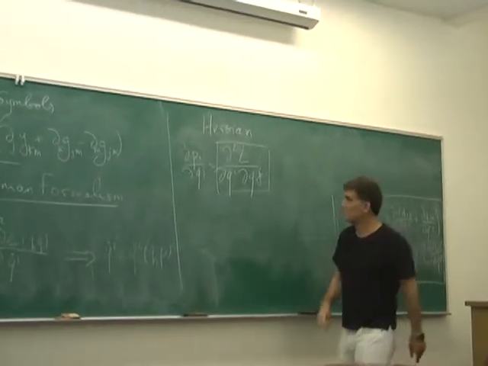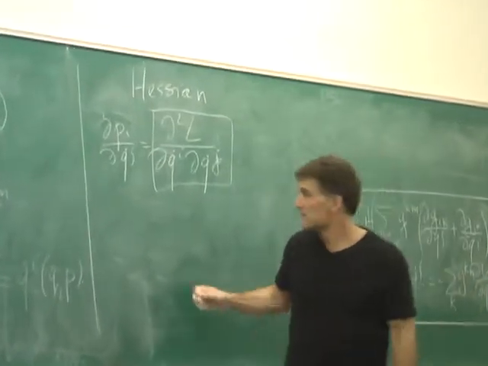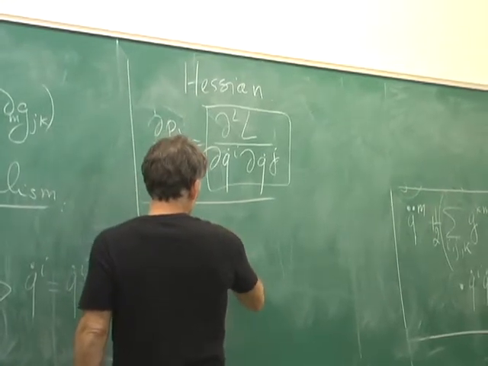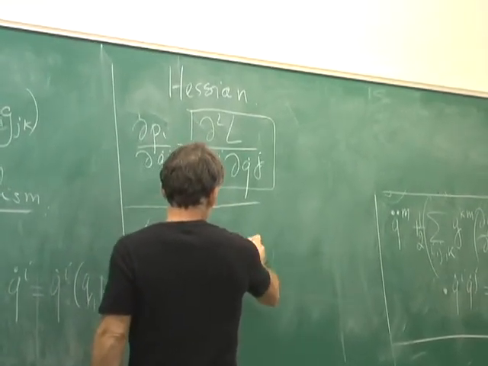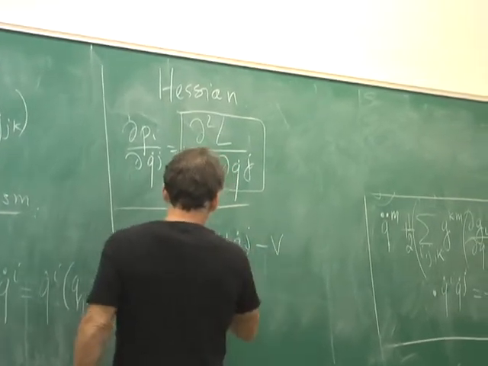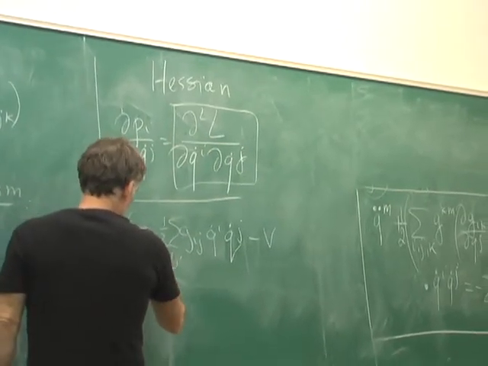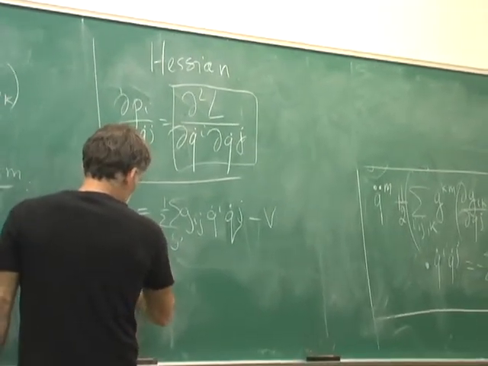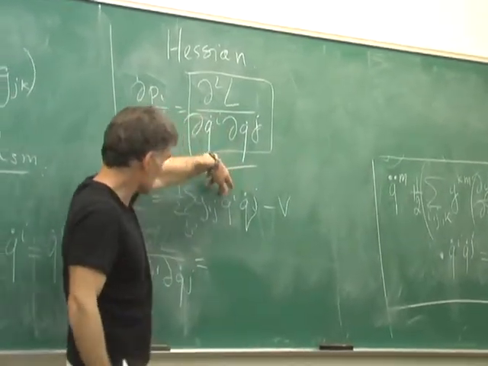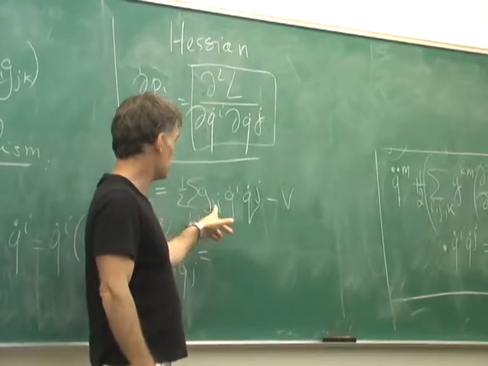For those examples that we had, remember that the Lagrangian was quadratic in velocities. So if L is 1/2 g_ij q̇^i q̇^j minus V, what will this be? You take the second derivative of L. If you compute the first derivative, we already did it: the 2 cancels the 1/2, and you get g_ij q̇^j.